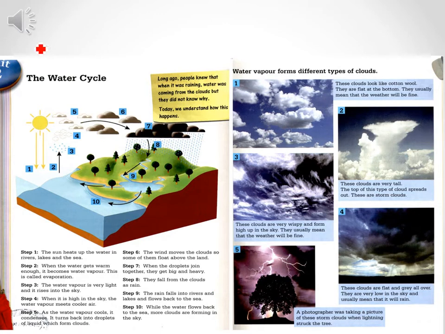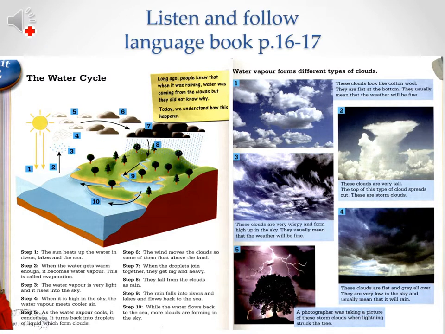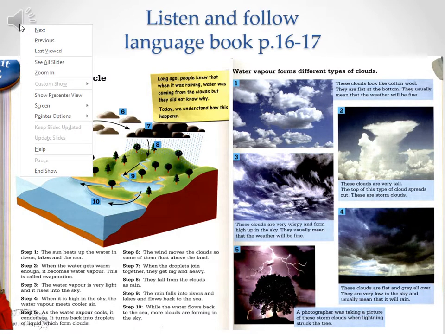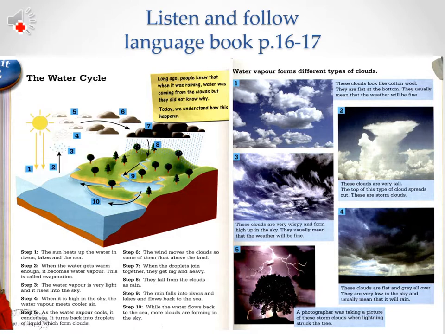Now listen. Unit 2, page 16. The water cycle. Step 1. The sun heats up the water in rivers, lakes, and the sea.